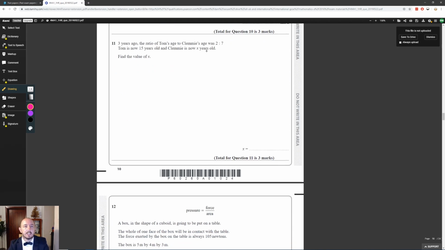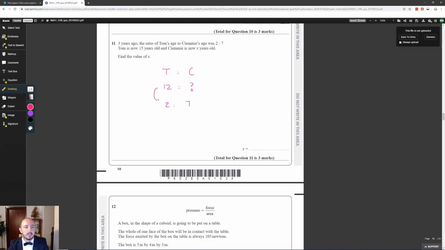Question 11 is a ratio question. 3 years ago, the ratio of Tom's age to Clemmie's age was 2 to 7. He's now 15 years old, and Clemmie is X. So 3 years ago, he would have been 12. We don't know what Clemmie would have been at that point, but we know that the ratio is 2 to 7.